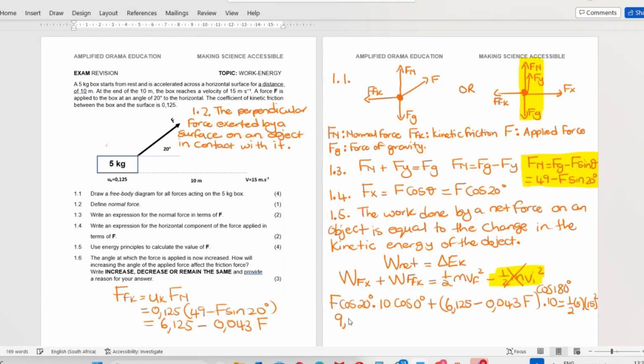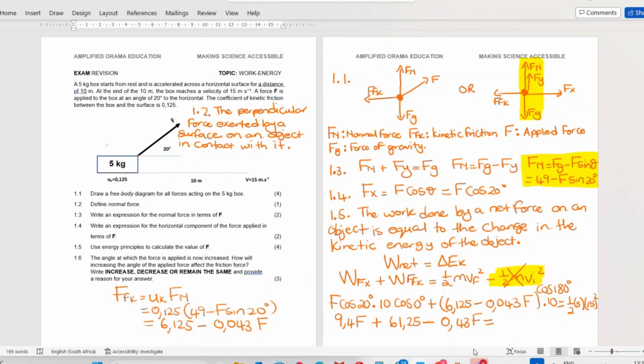All right, so that's 9.4 F. Then we're going to distribute that and say plus 10 times 6.125, and we're going to get 61.25 minus 10 times 0.043, and we're going to get minus 0.43 F, right?